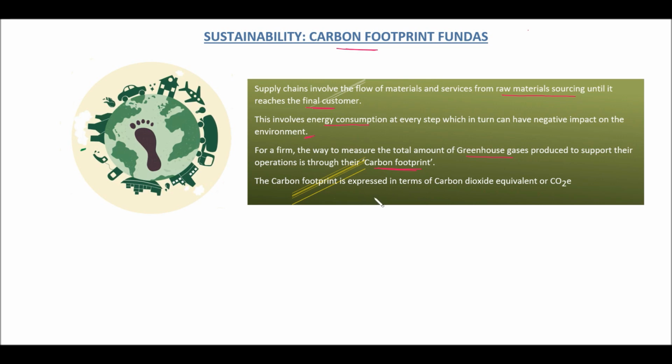The carbon footprint is expressed in terms of carbon dioxide equivalent, or CO2e. So in this video we will further deep dive into this concept called carbon dioxide equivalent.